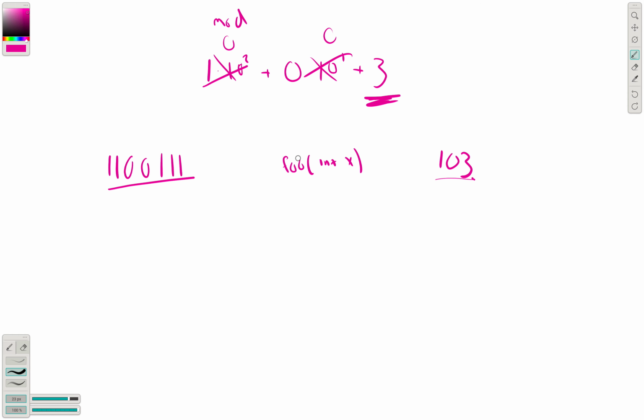Okay, so how does the binary system look? I'm going to write this out more clearly. 0, 1, 1, 1, times 2 to the 0. Actually, is this how I want to write this out? Yeah. 1 times 2 to the first, 2 to the second, 2 to the third, 2 to the fourth, 2 to the fifth.